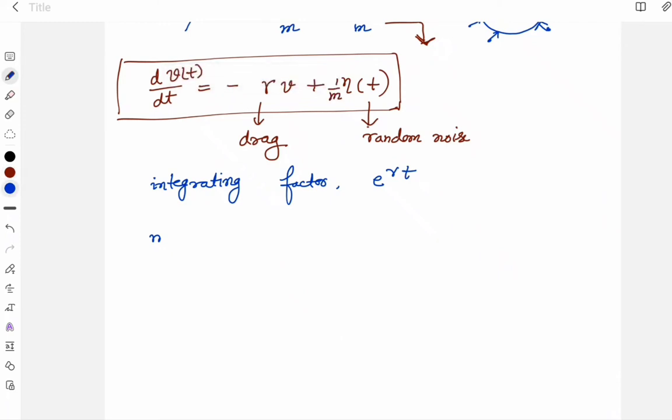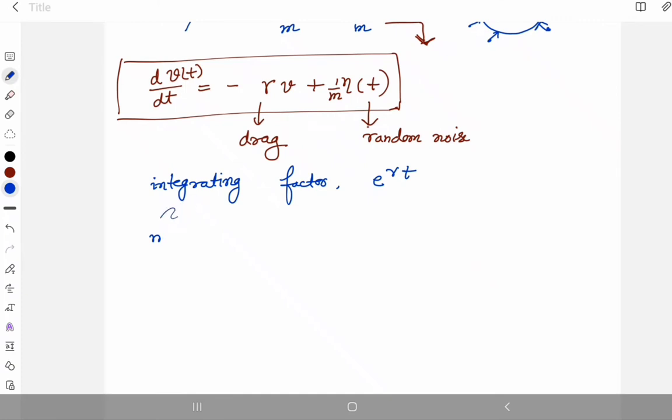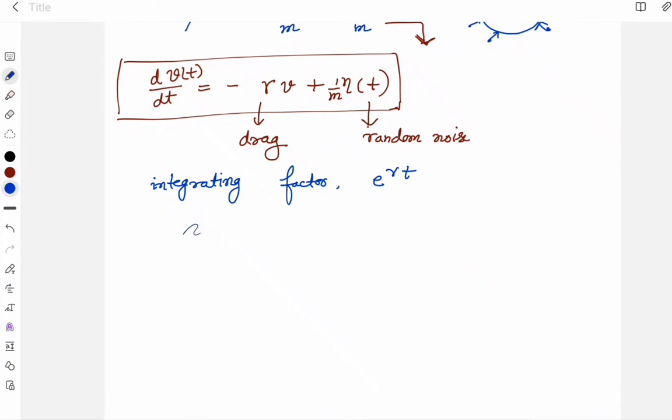If we multiply with e to the power gamma t, then d by dt of V(t) e to the power gamma t is equal to minus gamma V e to the power gamma t plus e to the power gamma t eta(t) over m.